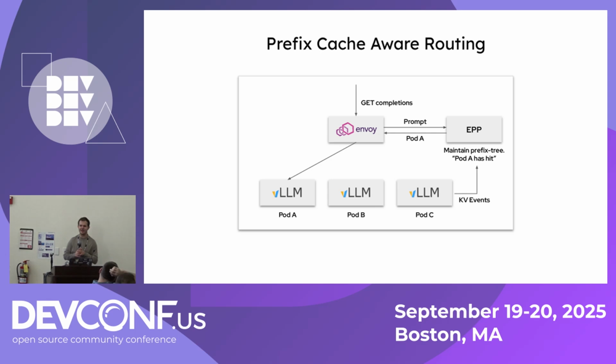So the first example that I think I'll talk about is how we can use LLMD to exploit that prefix caching feature that I talked about in VLLM before. The first thing to understand is it's very common for LLM requests to have repeated prompts. Think about the way that you might interact with a chatbot.